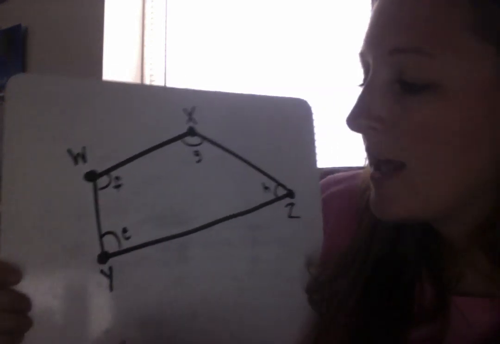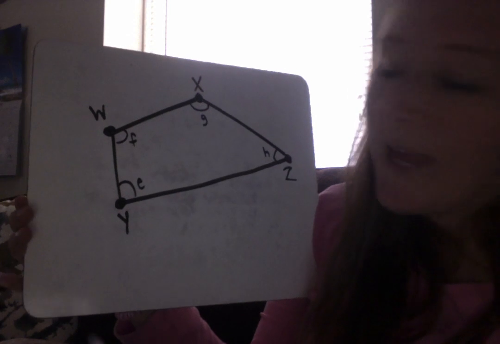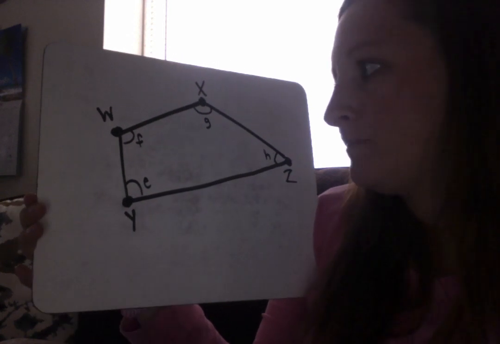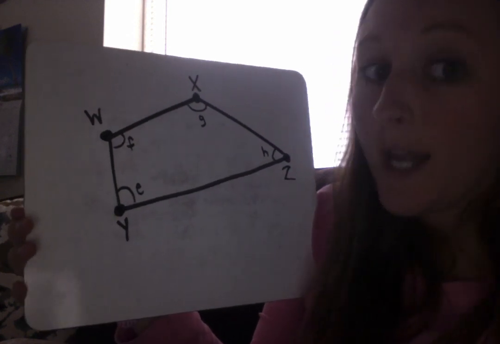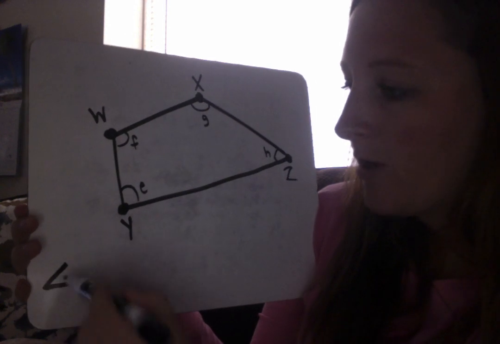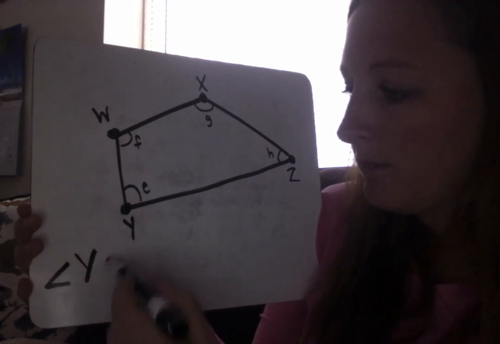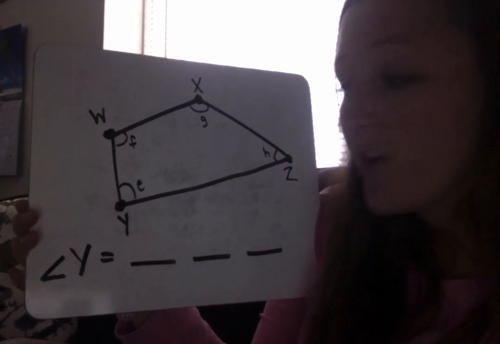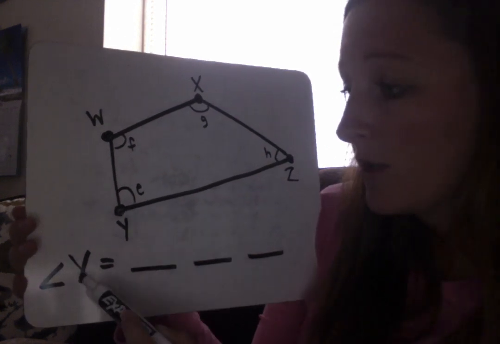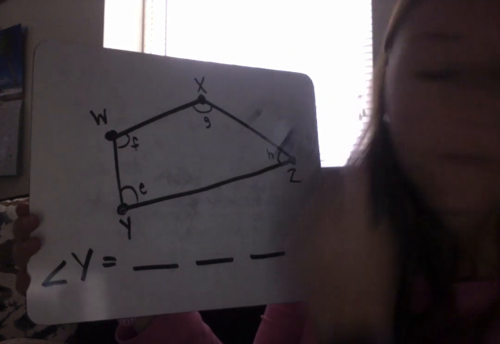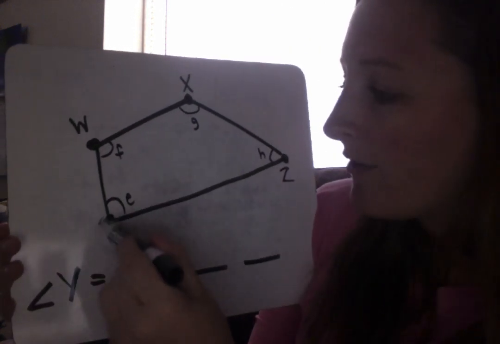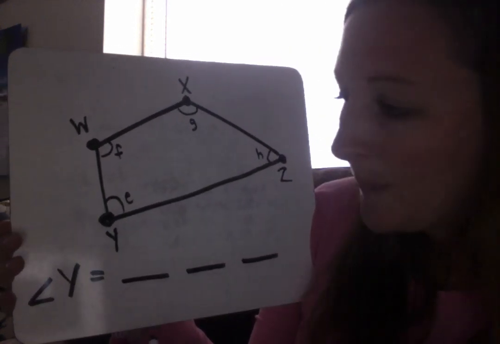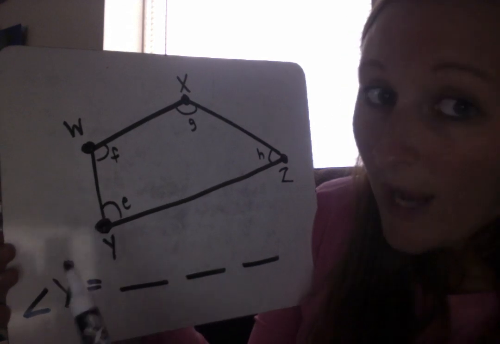Okay, so it might say the book is asking us for another name for angle Y. Well, here's angle Y right here. Notice how it's a big uppercase Y. Okay, so we want to figure out what we can name this angle Y. Well, if it's asking us Y, Y has to be in the middle.